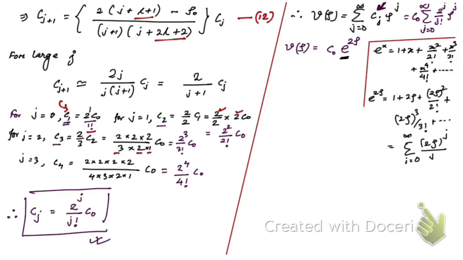If you put j equal to 0, you will get the first term. If you put j equal to 1, you will get the second term, and so on. So that's why we have replaced this part by this e to the power 2 rho, which is the expansion of e to the power 2 rho.